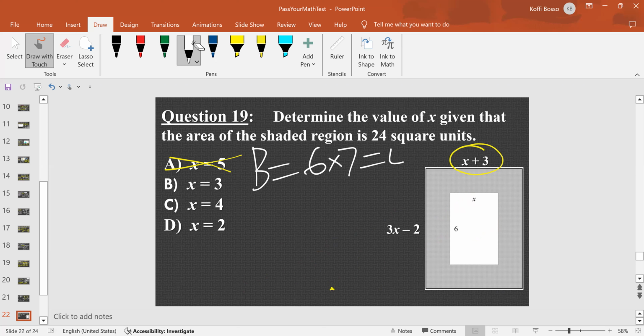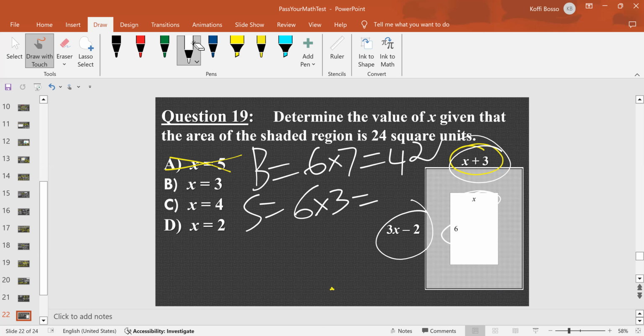So this is 42. We take this, multiply by this, replacing x by 3. Now we do the small rectangle. For the small rectangle, you have 6 multiplied by 3, and that gives you 18.